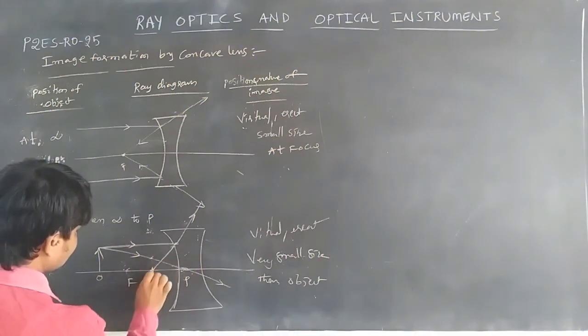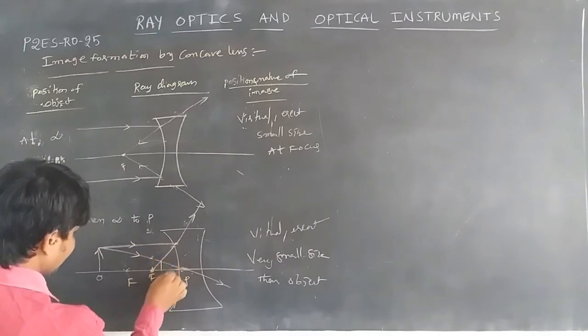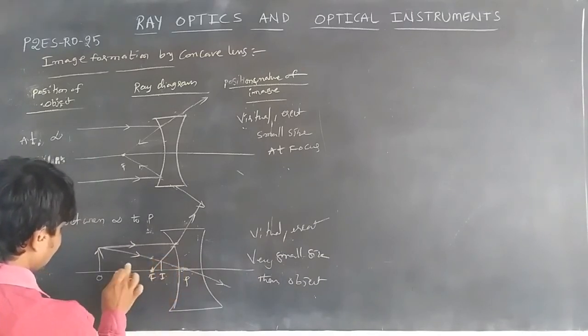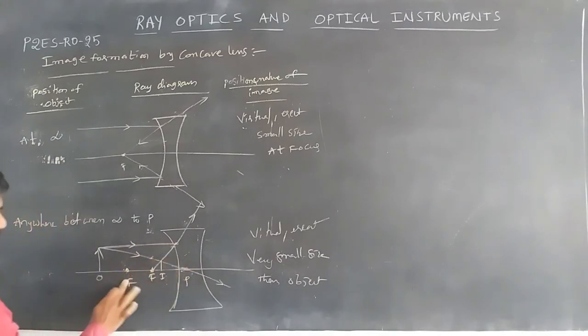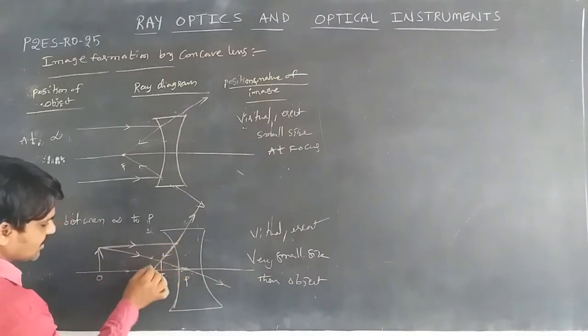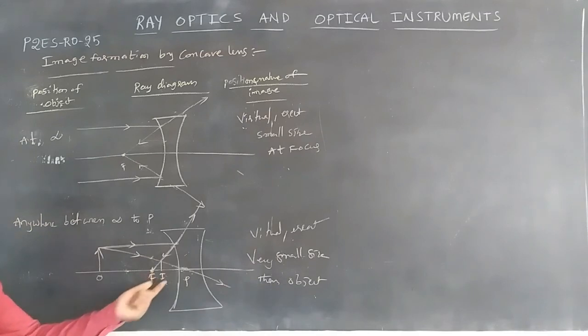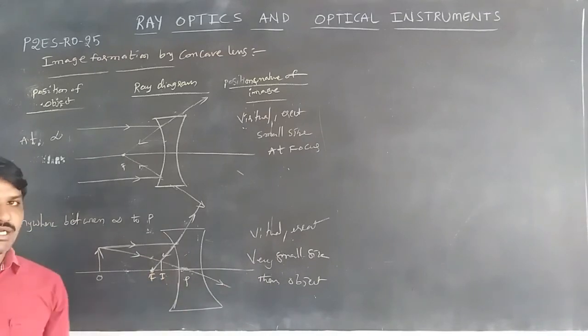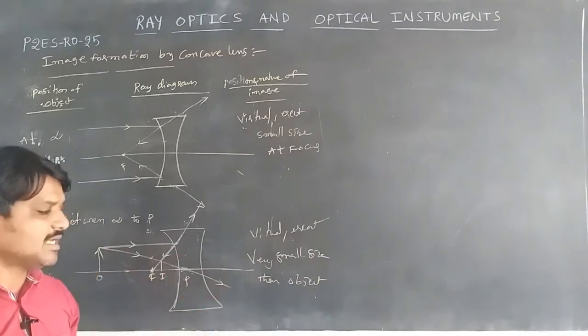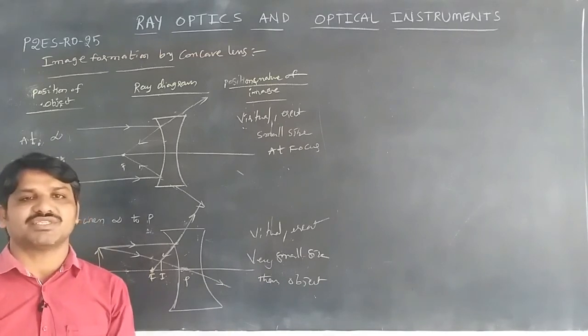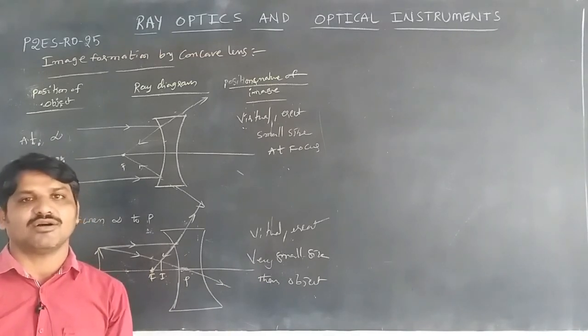Here is the focus. The image will be formed between the focus and the pole, and it is very small in size. This is the image formation by convex and concave lenses.